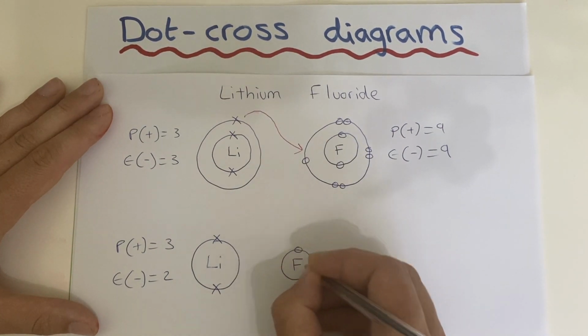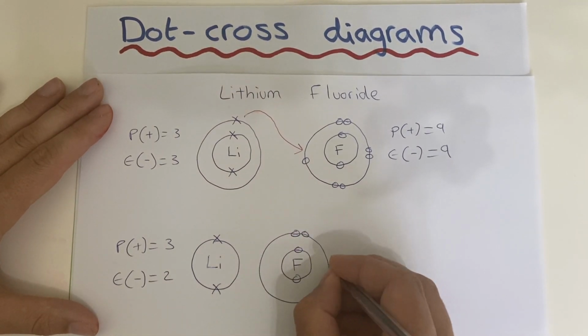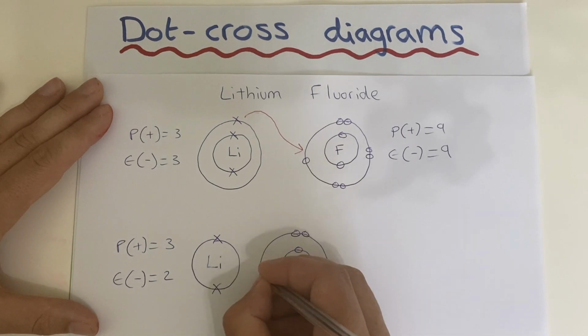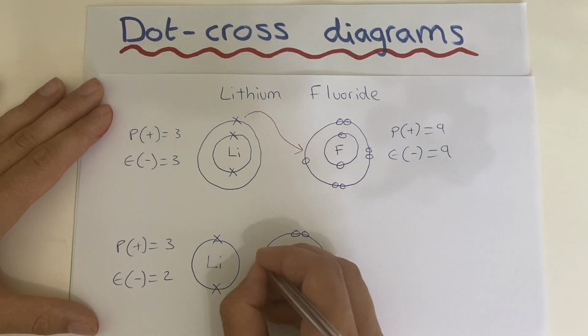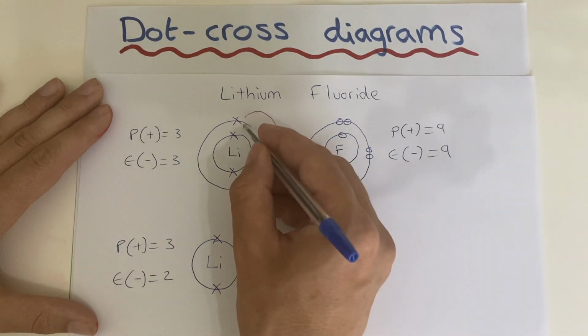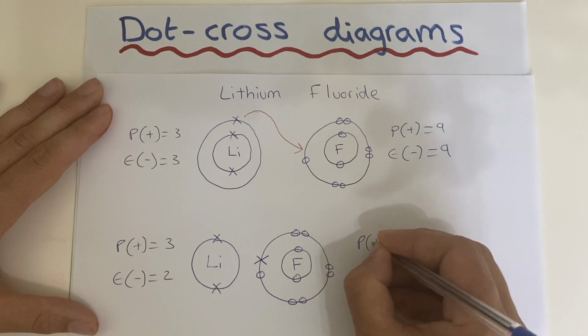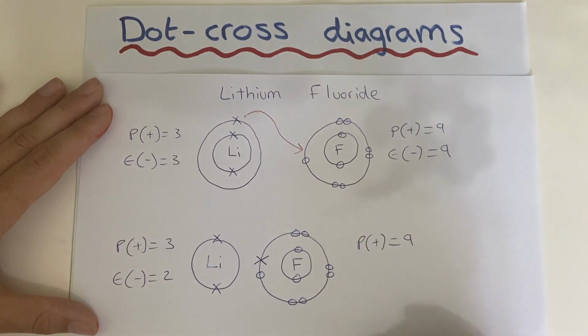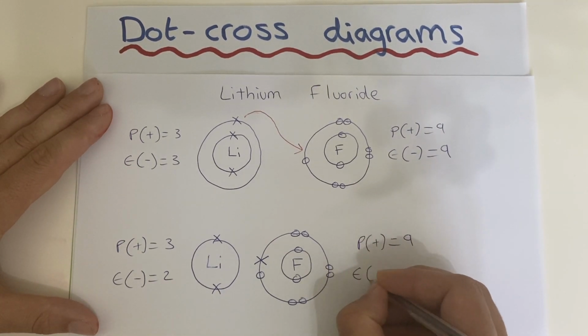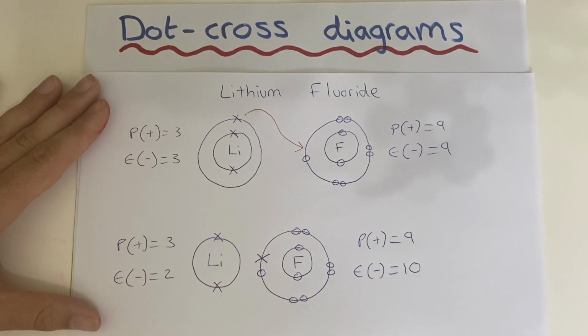So it's going to have the 2 electrons in the inner shell, and then on the outer shell it's going to have the electron from lithium, which I represent as an X to show that it's come from lithium. So it still has 9 protons, but now it has 10 electrons because it's gained 1 from lithium.